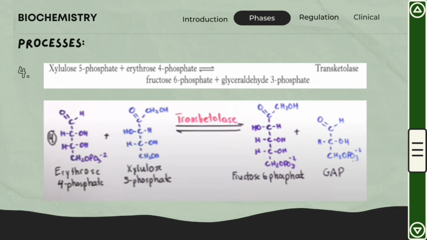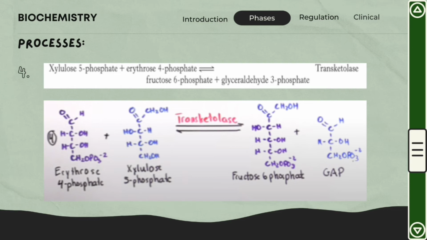And what it does is, just like in process number 2, it took off the 2-carbon component from the xylulose and placed it into the ribose. So here, once again, we take the 2 carbons from xylulose, and that would be the CH2OH part at the top, and then we place it into the sugar molecule in erythrose.